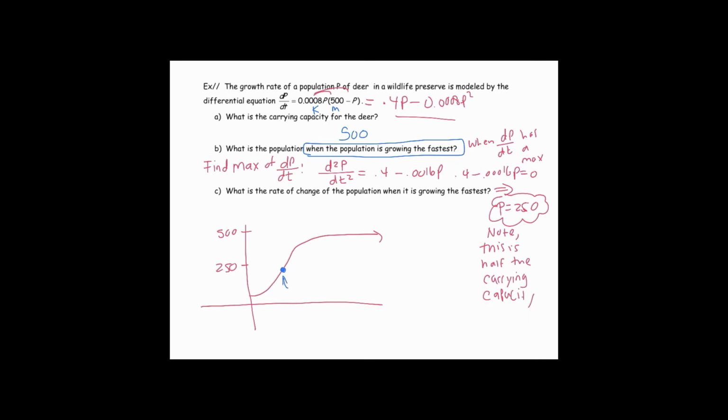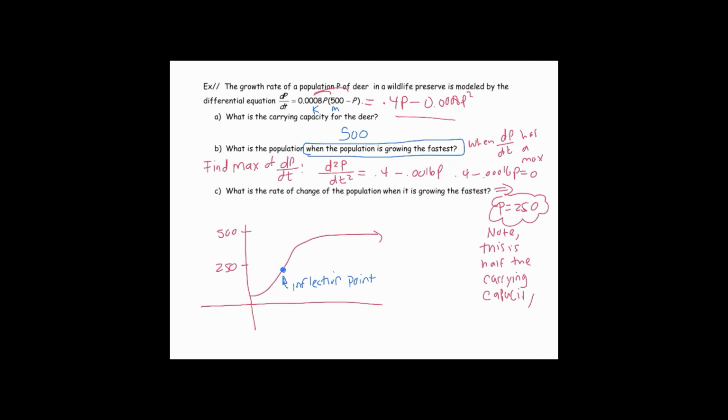And you can see that's an inflection point. You can prove that if you just replace the 500 with an M and solve this, you'll get that the max is going to happen at M over 2. So that is an invariant. That'll always be the case.